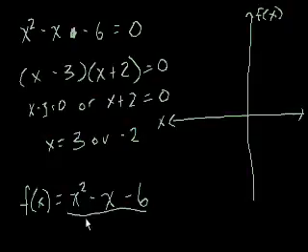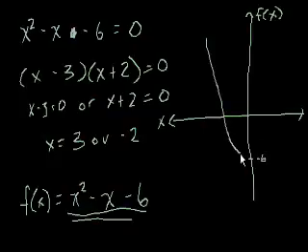If I were to graph this equation, it'll look something like this. This is f of x equals minus 6. The graph will go up, and keep going up in that direction. I know it goes through minus 6 because when x equals 0, f of x is equal to minus 6. So I know it goes through this point.